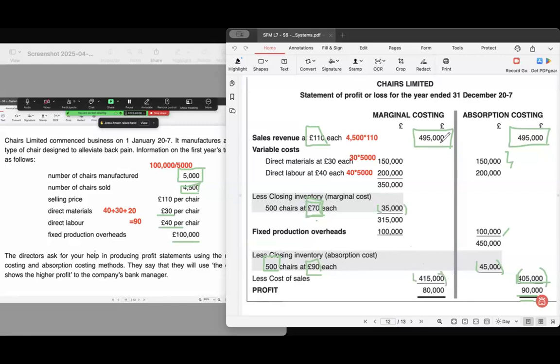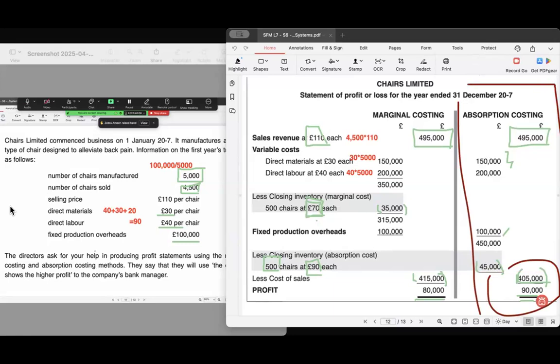So this is the cost of sales. 495,000 minus 415,000 is 80,000. This is the profit as per marginal costing method. So when you compare both, which gives the higher profit? Absorption costing, right? So the manager will go ahead with this particular statement.